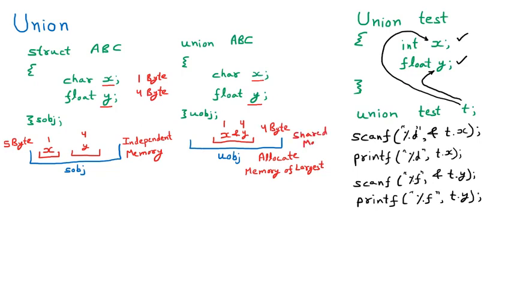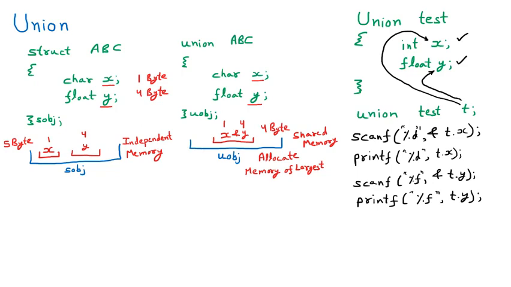Now one question arises. Let us suppose that there are three elements, 1 byte, 2 byte and 4 byte. How much memory? The same, 4 bytes will be used. For 1 byte, 2 byte and 4 byte, the maximum is 4. Now your question will be, if I am using the 4 byte of memory, is it possible that two of them together can work? No, exactly not.